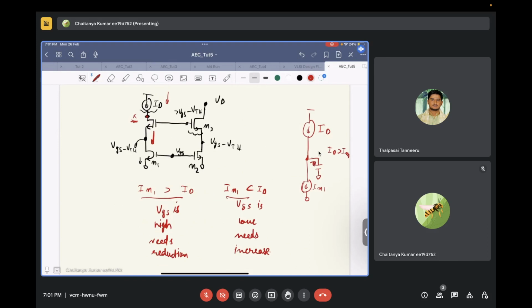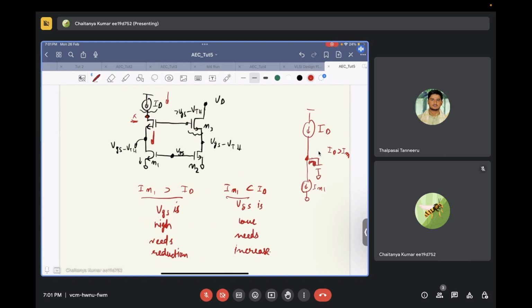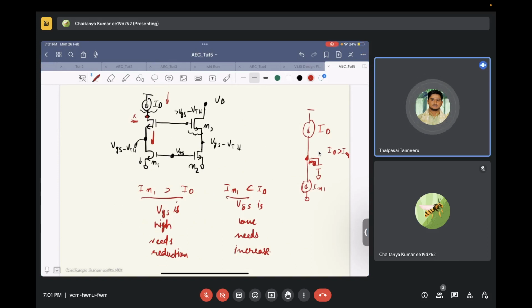Will it flow into the capacitor or outside the capacitor? It will flow into the capacitor, sir. If current flows into the capacitor, what happens to the voltage of the capacitor? It will charge, it is positive. So this voltage will increase.